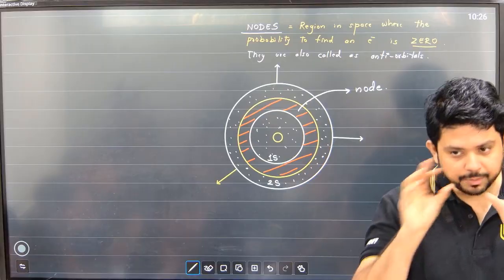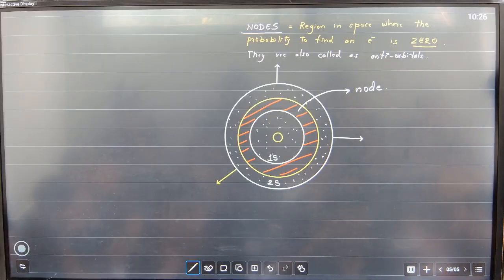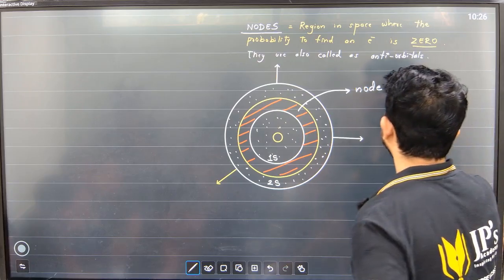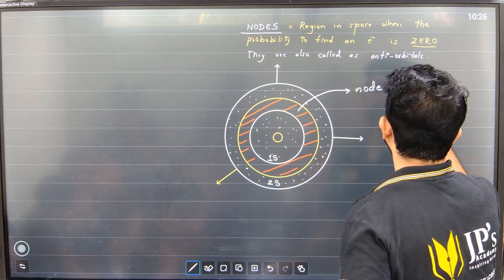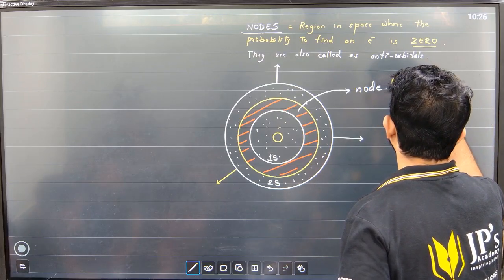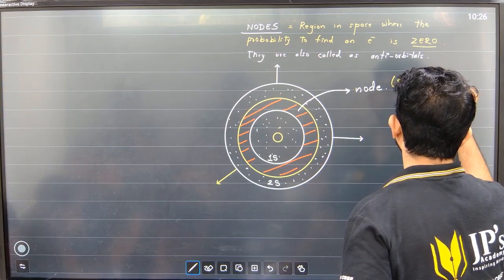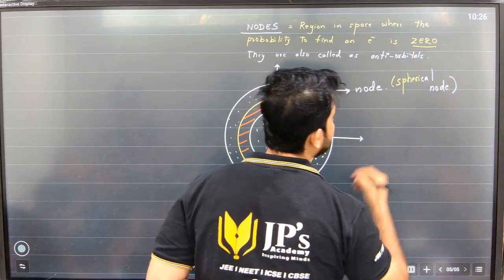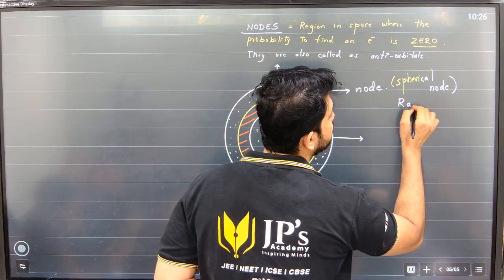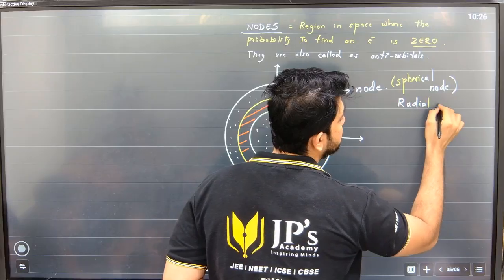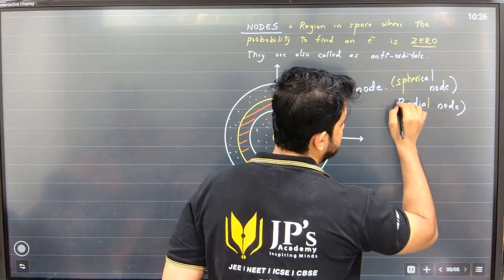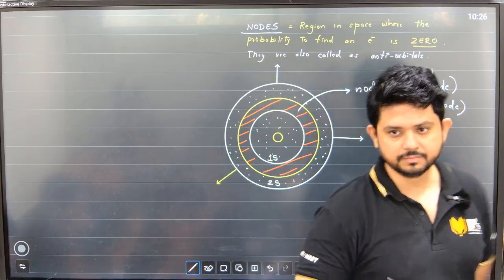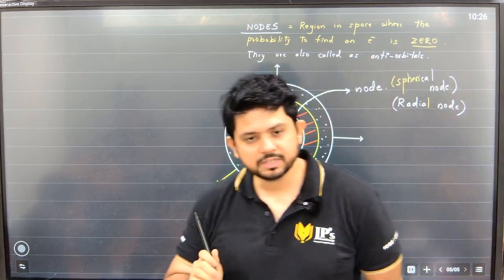Can someone tell me the shape of this node? Even that is spherical in shape. इसलिए हम उसको बोलते हैं spherical node, or we also call it a radial node. So what is a node?